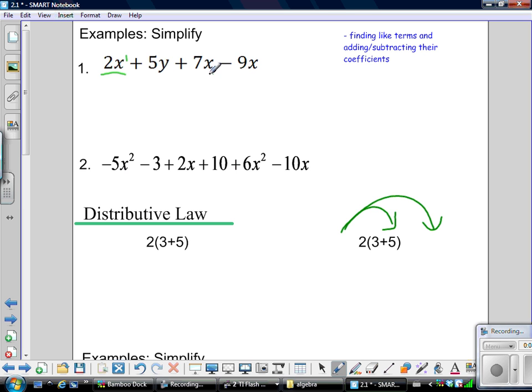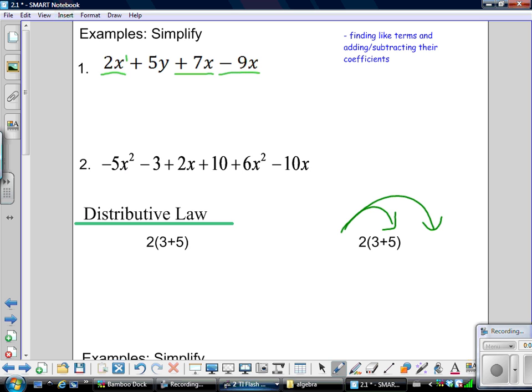This one is, and I'm going to take the positive sign that's in there. You're saying, you said positive sign, but it says plus. Plus and positive mean the same thing. Then this next one is also x to the power of 1, so it also belongs. So I have 2x, a positive 7x, and a negative 9x.